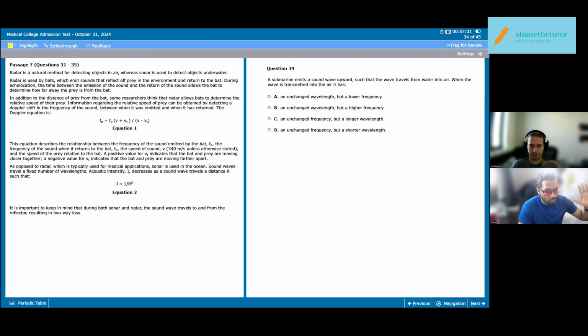If V is held constant, the frequency and wavelength will be inverse. But here, V is changing, right? So now only one of them, whether it's wavelength or frequency, will change. So let's think what can change.